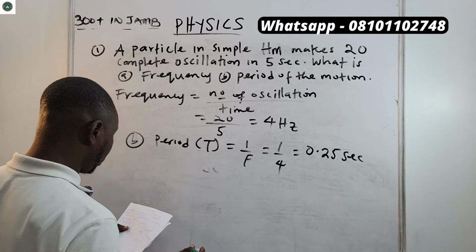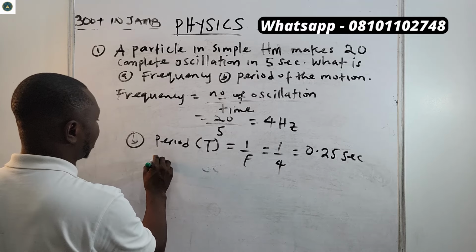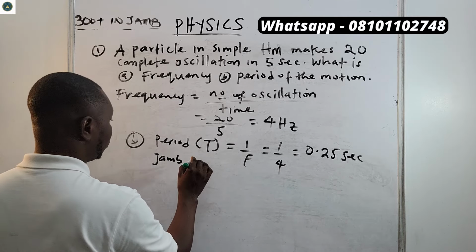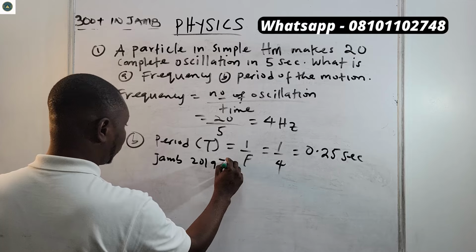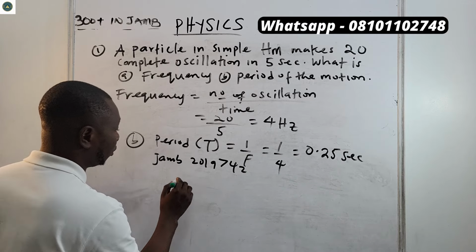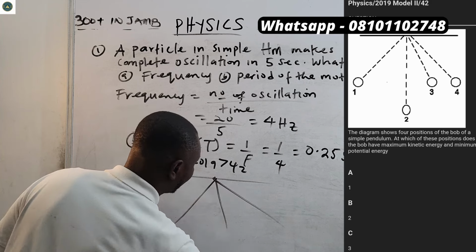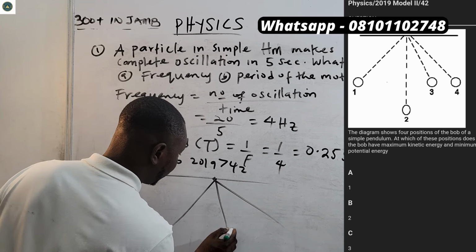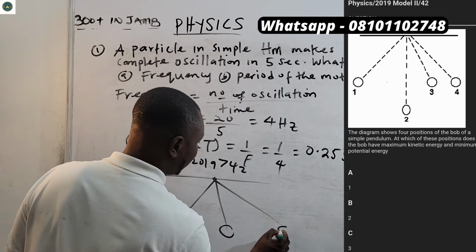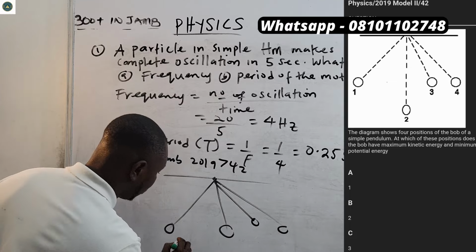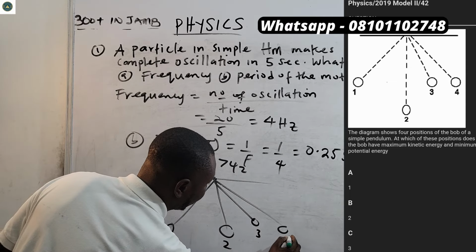Okay. Then we also have a problem from JAMB, 2019, question 42. It's a diagram rather. We have a bulb, a bulb, a bulb, and a bulb: 1, 2, 3, 4.